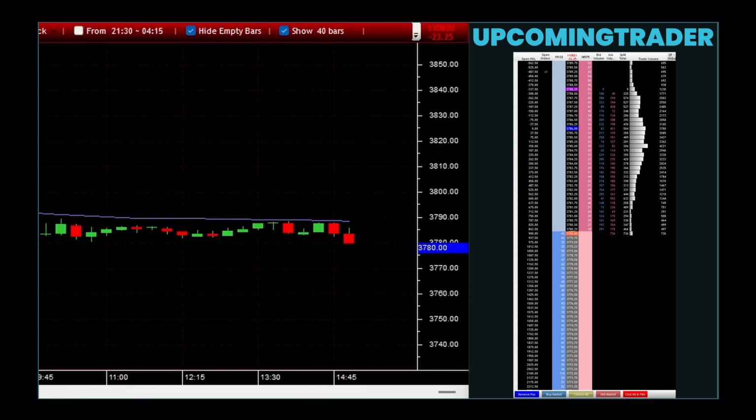The upside Tasuki gap is a continuation pattern observed within an uptrend in the financial markets. It signifies that the current trend is likely to continue. This pattern involves three main bars on a price chart. Initially, there are two consecutive green bars, each closing higher than the previous day, which is indicative of a strong uptrend.